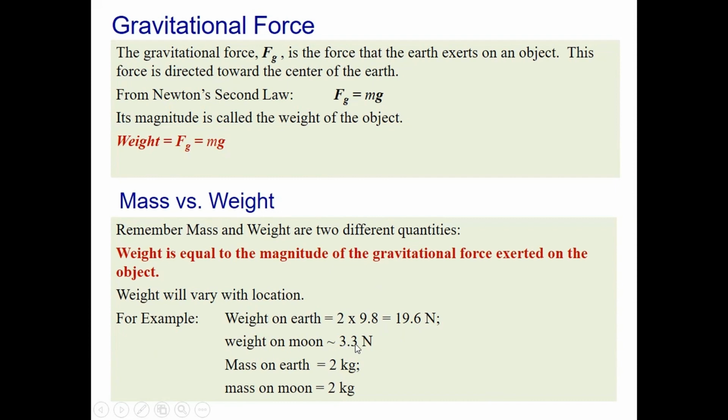Weight on the moon is about 3.3. Mass on Earth is 2 kilograms, and mass on the moon is also 2 kilograms. Although the mass remains the same, the weight is different. Weight is about six times smaller on the moon.